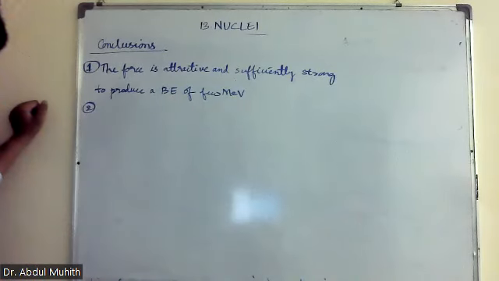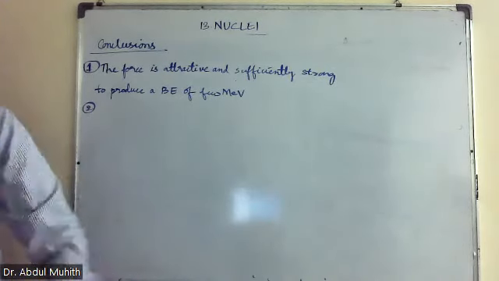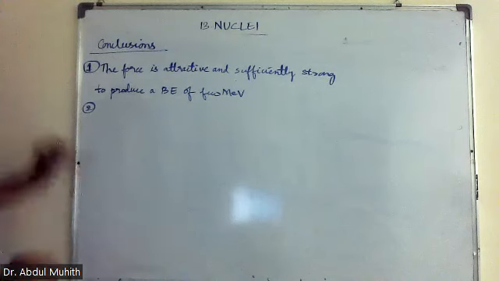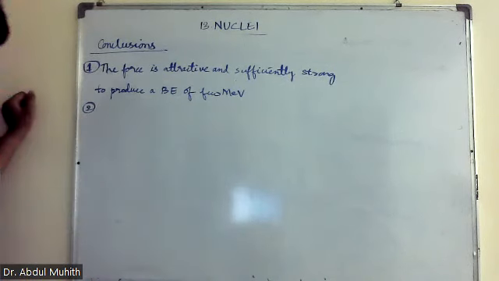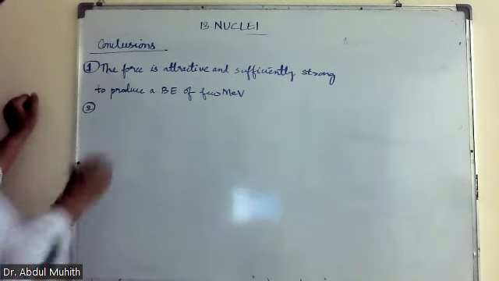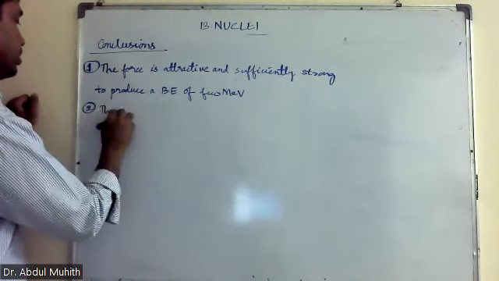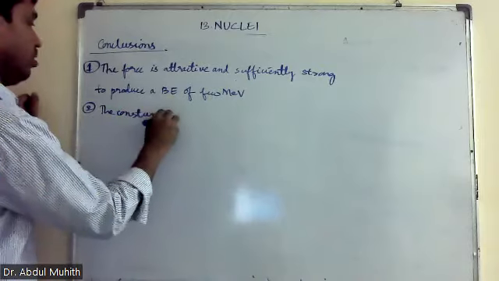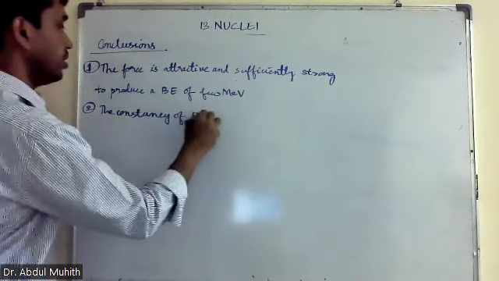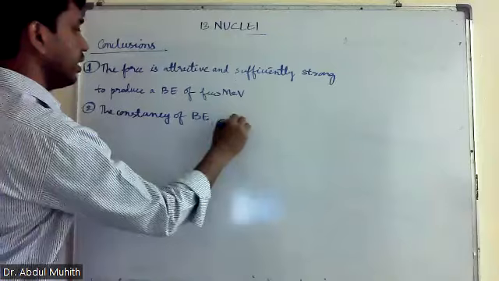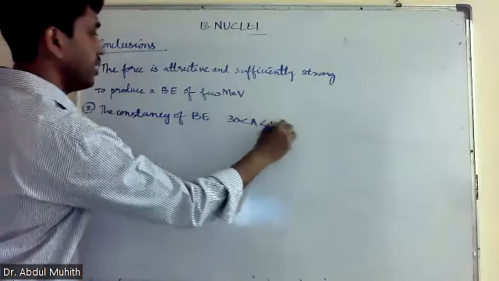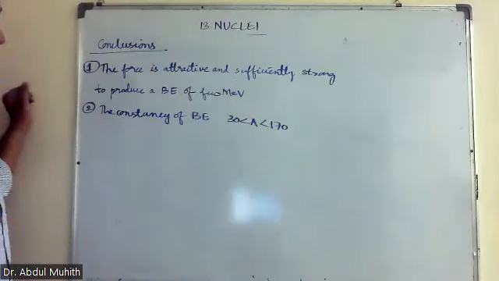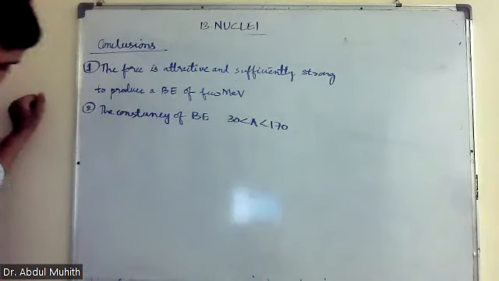The second conclusion is the constancy of binding energy here. The constancy of binding energy from A equal to 30 to 170 tells that the nuclear force is short ranged.